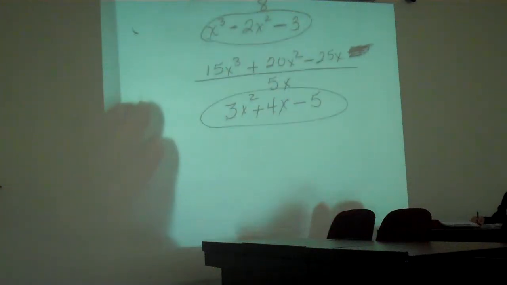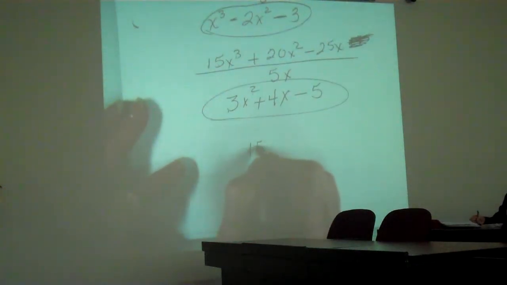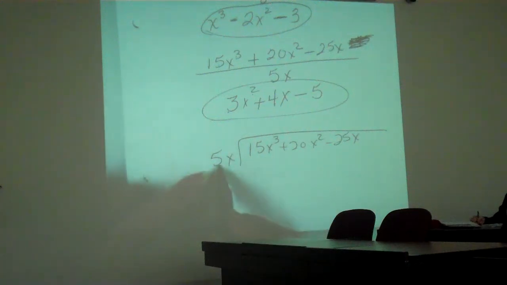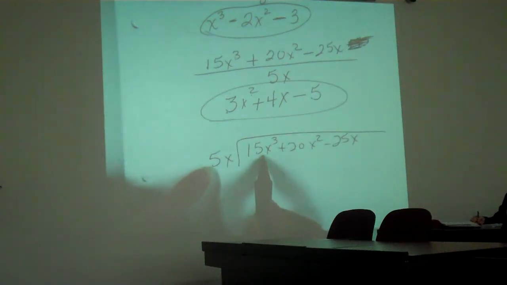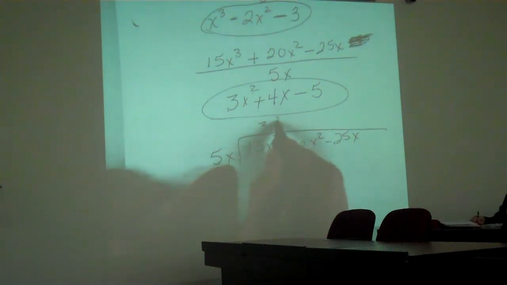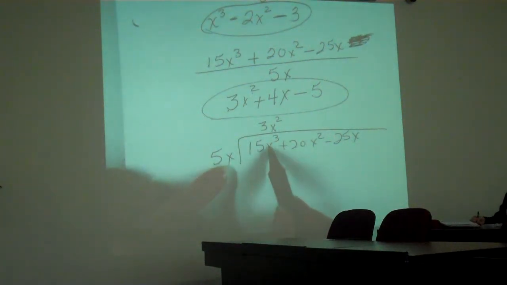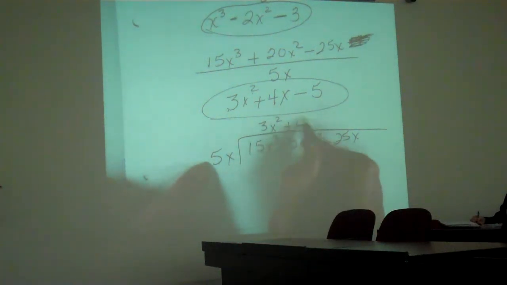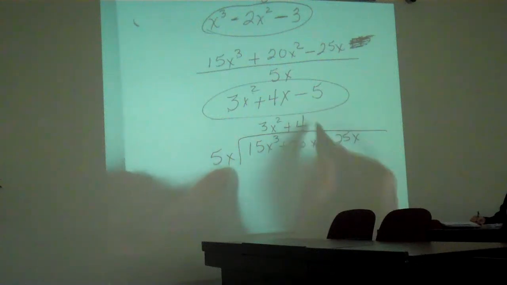If you want to, you could divide it like a long division. Do 15x cubed plus 20x squared minus 25x divided by 5x. 5x into this. You put the 3 there, and then you need 2 more x's to get x cubed. You could do it like that if you like to. You put plus 5 into 20 is 4. You need another x.